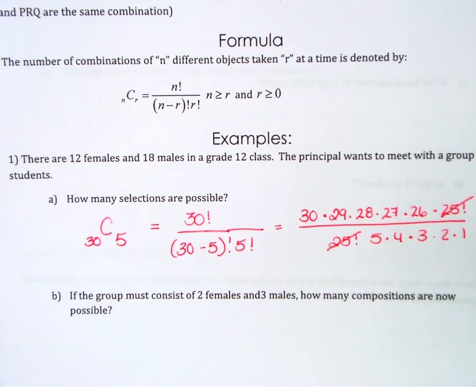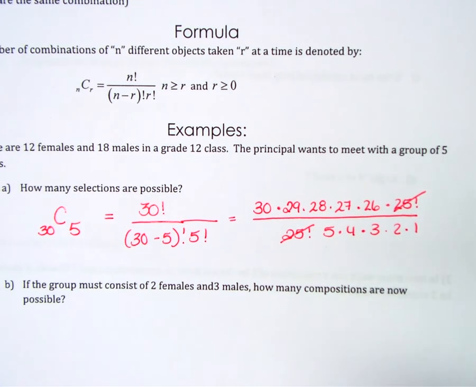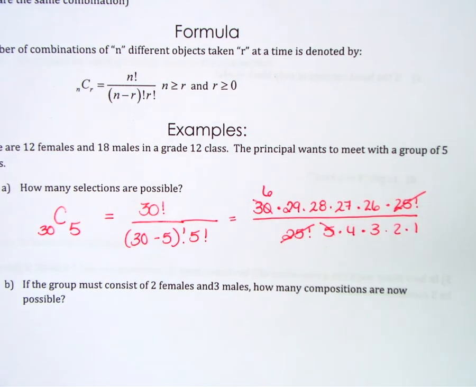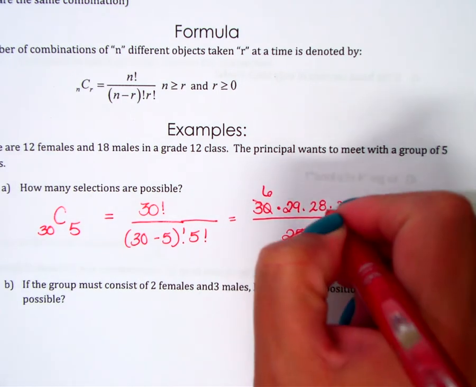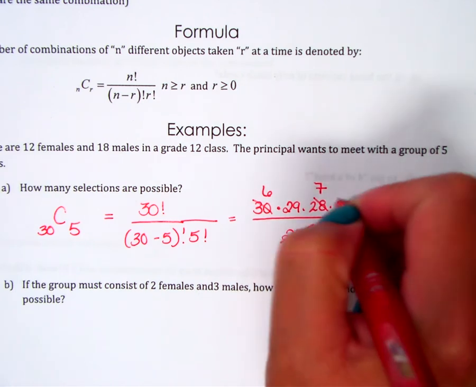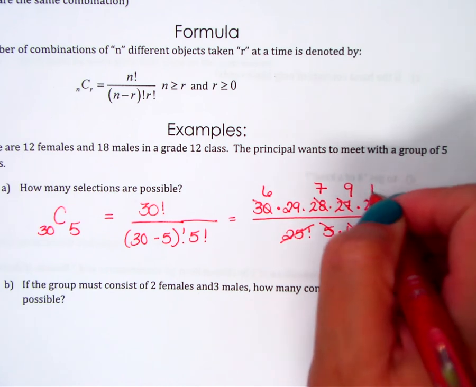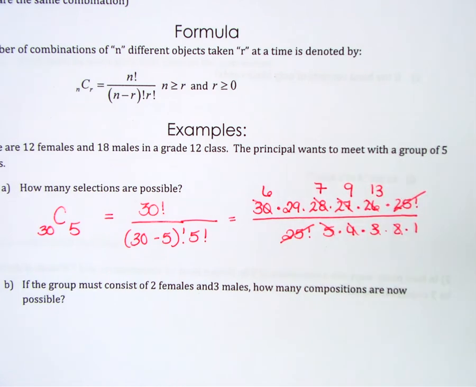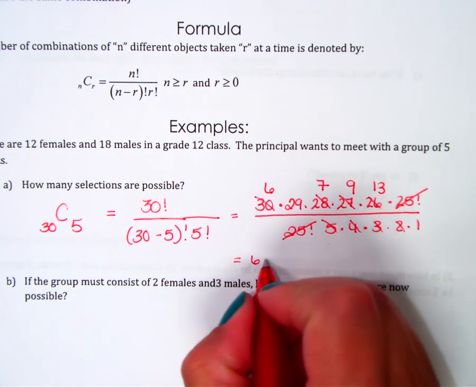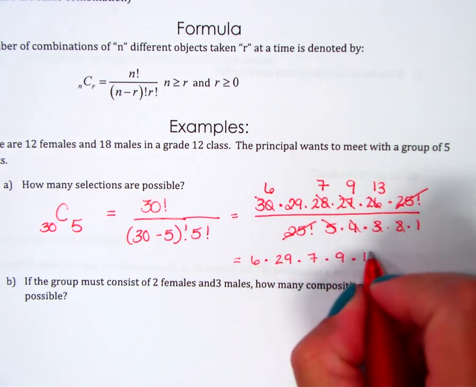Okay, 5 goes into 30 6 times. 4 goes into 28 7 times. 3 goes into 27 9 times. 2 goes into 26 13 times. So now what I'm going to be multiplying is 6 times 29 times 7 times 9 times 13.